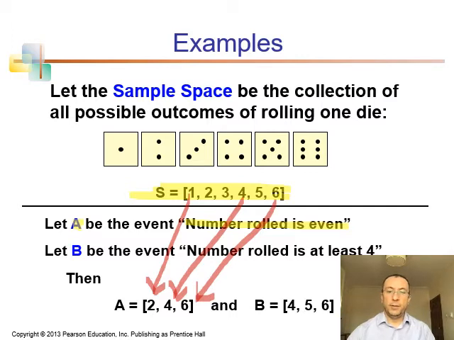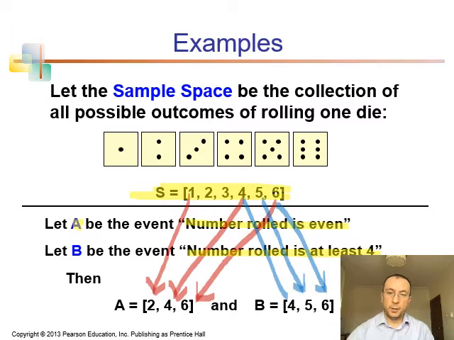Now let's say we have event B. The number rolled is at least 4. So it could be 4, 5, or 6.